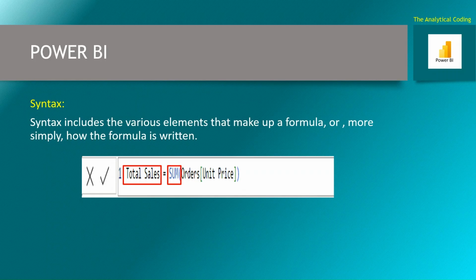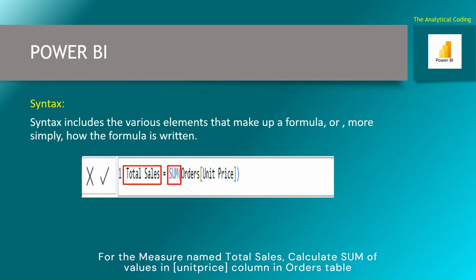When trying to understand a DAX formula, it is often helpful to break down each of the elements into the language we think and speak every day. For example, we can read this formula as: for the measure name Total Sales, calculate the sum of values in the Unit Price column in the Orders table.